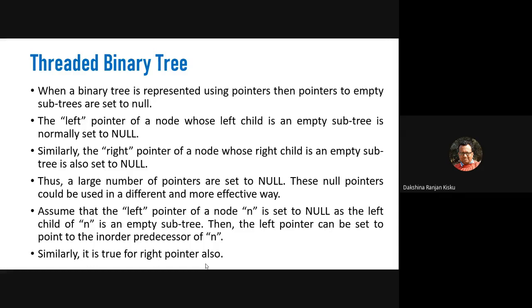Similarly it is true for the right pointer. In that case, the right pointer will point to the in-order successor. So the left pointer can be set to point to the in-order predecessor, and the right pointer can be set to point to the in-order successor. Okay.